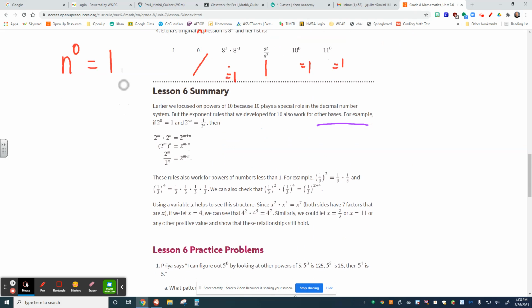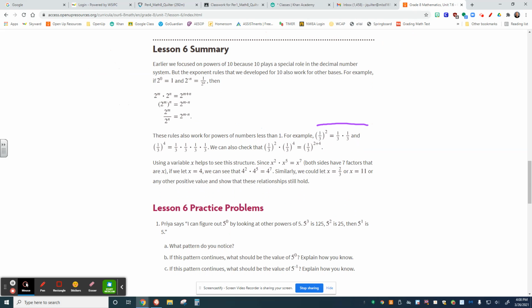In summary, what we're after with this is we have 3 major rules that we just reviewed, on top of a couple of little pieces. The first major rule is product of powers. The second major rule is power of a power.